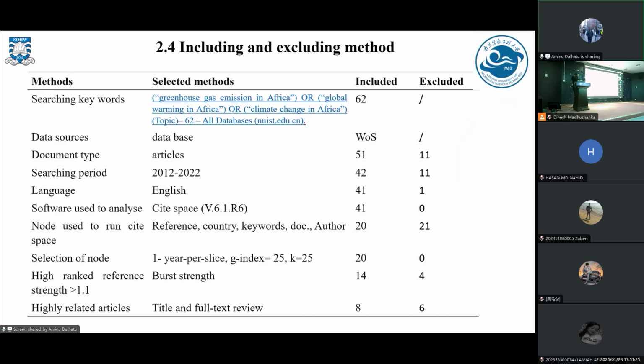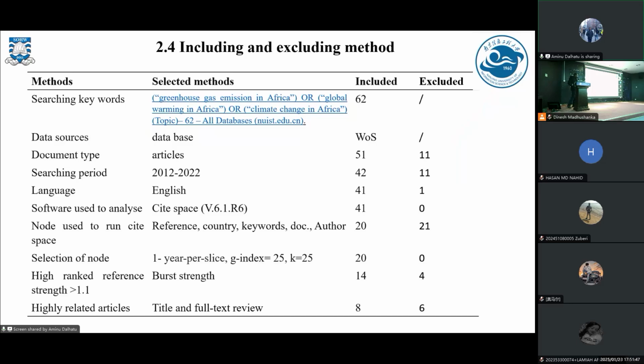So how many papers are excluded by language, you will write there. Also consider the software, because some data do not run in another software. So you specify the software and then select the high rank papers.